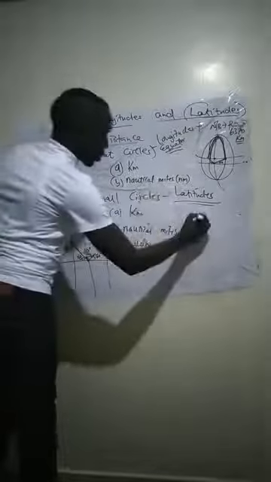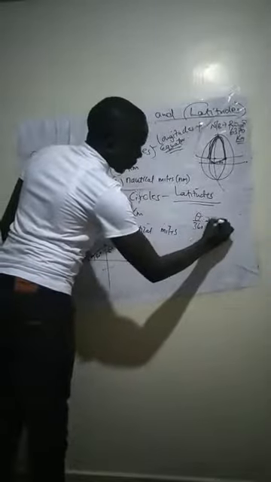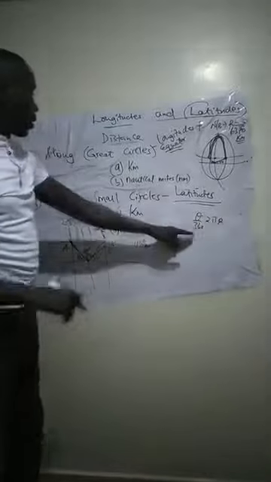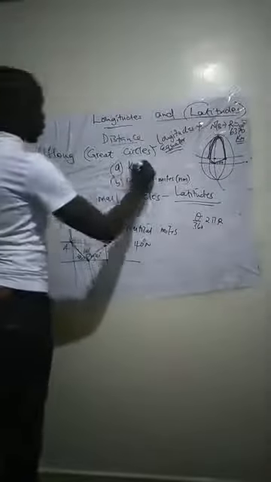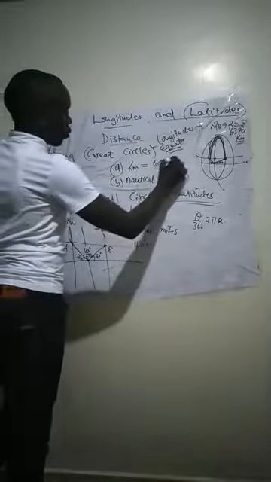So arc length is given by beta over 360 2 pi r, whereby r is the radius of the earth, and that means therefore that for us to get a distance along a great circle or a circle of longitude in kilometers, we use the formula beta over 360 2 pi r. This gives us the distance in kilometers.